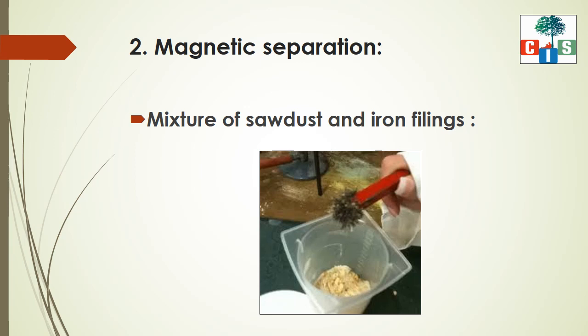Yes, it is magnetic separation. You can see in the picture, there is a magnet and once we move it over the mixture, the iron filings get attracted towards the magnet and we can easily separate them. So this is about worksheet 3.